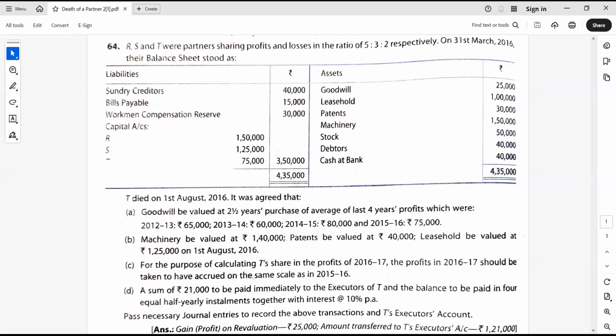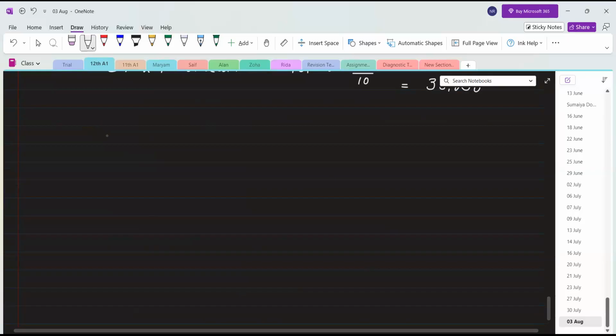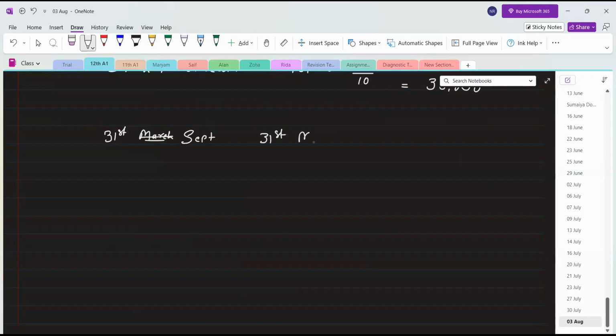Okay, no issue. Half yearly payment means the first payment will be on 30th September every year, and the second payment will be on 31st March.